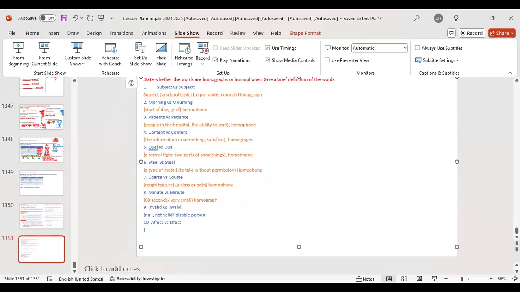So affect is basically to influence, and effect is a result. That's basic. What is this, by the way? Homograph, homophone? Homophone. I feel like I didn't answer one of them. Okay, homograph. All right.